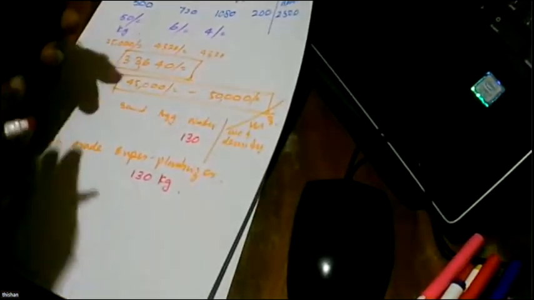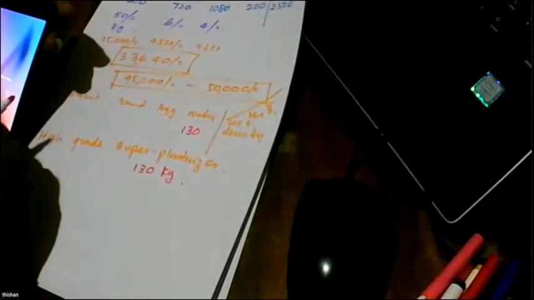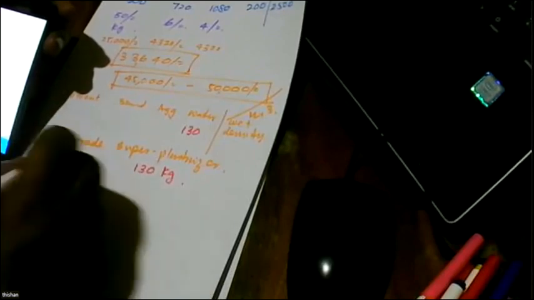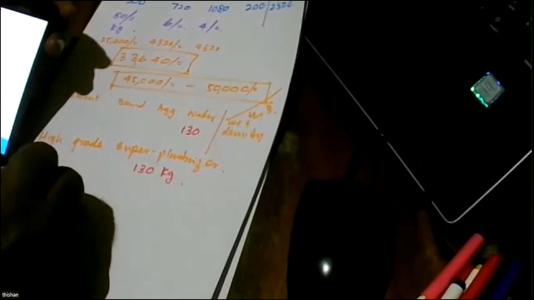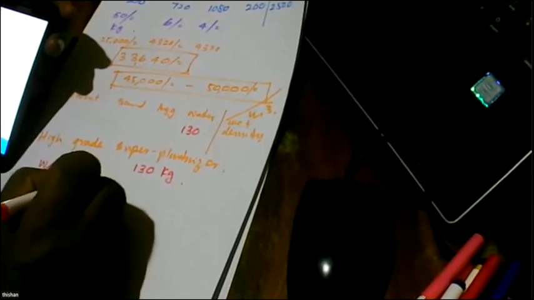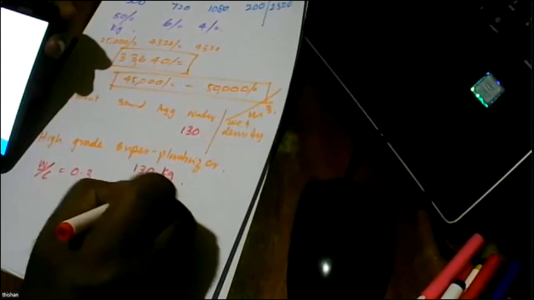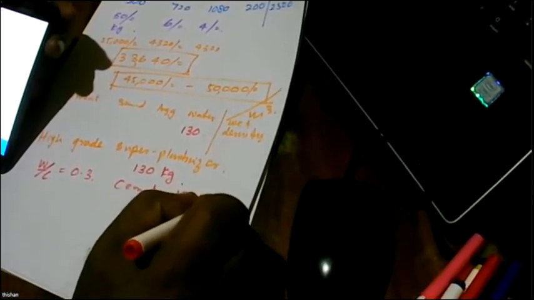So, if you look at the water cement ratio, let's say it drops to about 0.3, then we can get some idea about the cement content. So if water is 130, water cement ratio is about 0.3, then cement is 130 divided by 0.3, you get 390.